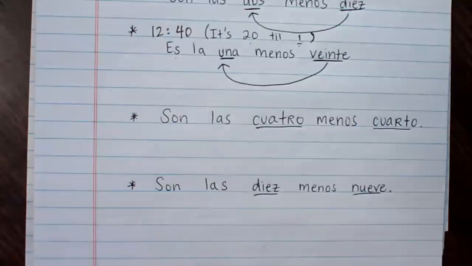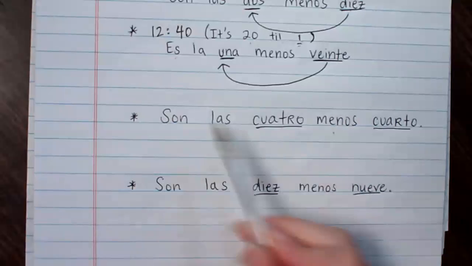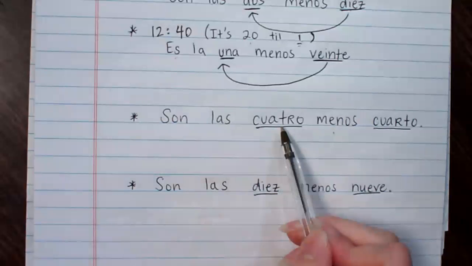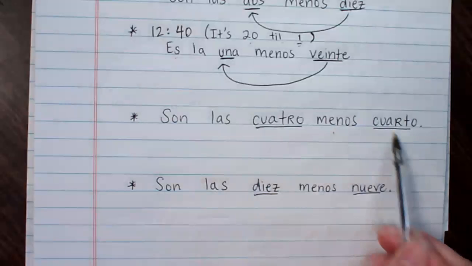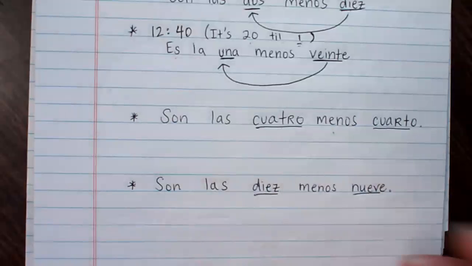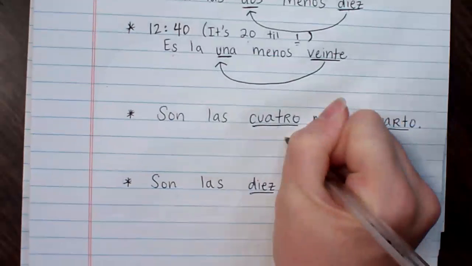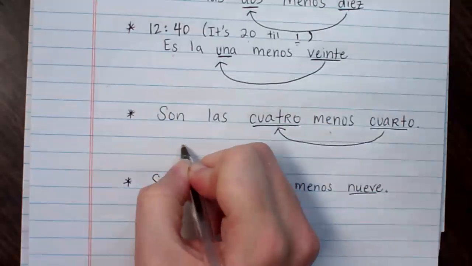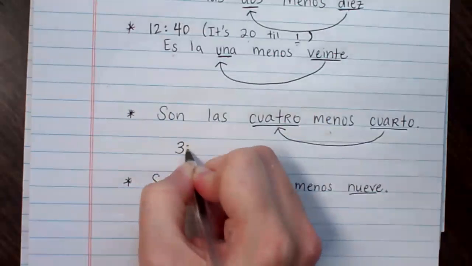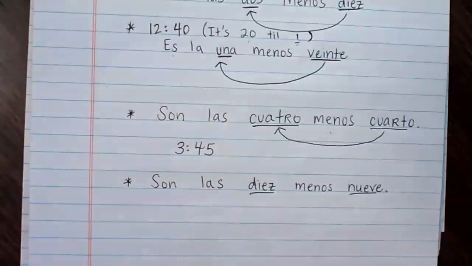Okay, so let's look at this first example. Son las 4 menos cuarto. So it is 4 o'clock minus a quarter. So in English, we would phrase this, it's a quarter till 4. So a quarter till 4 is 3:45.